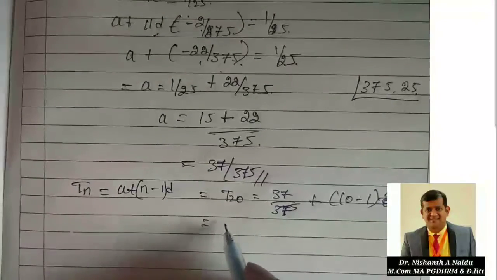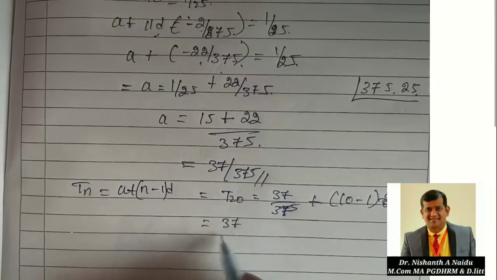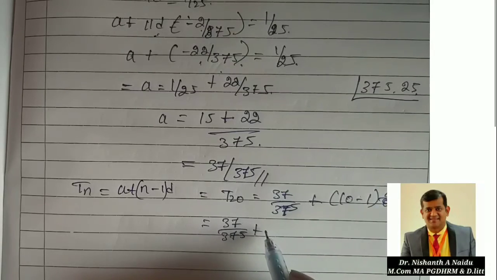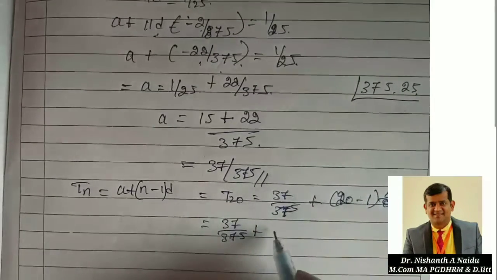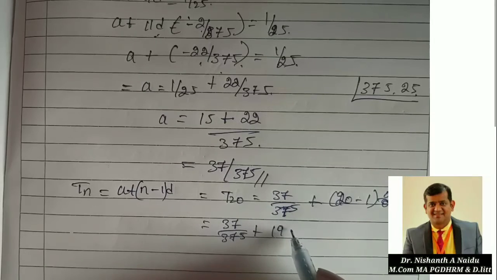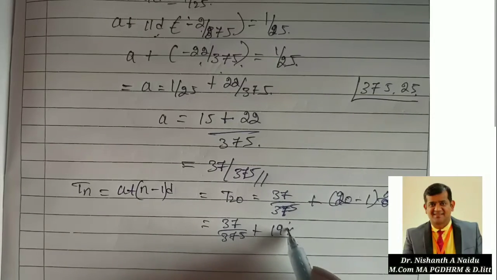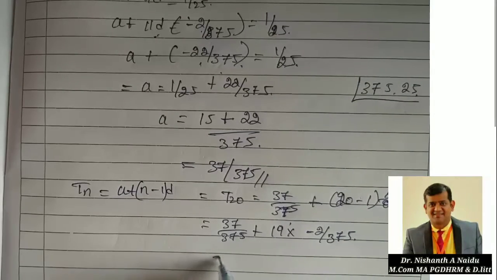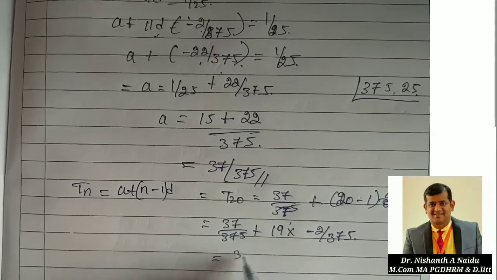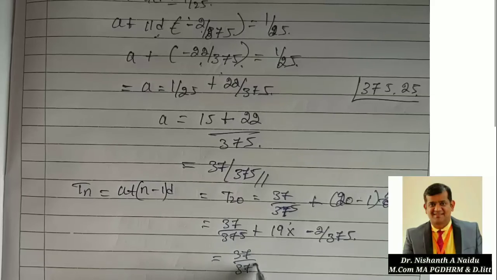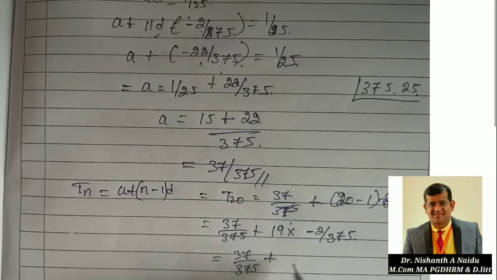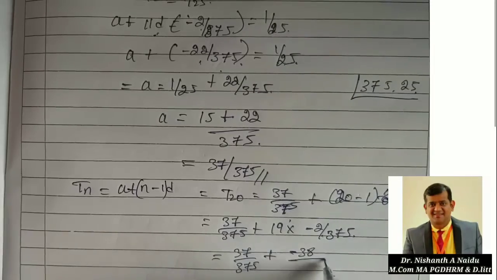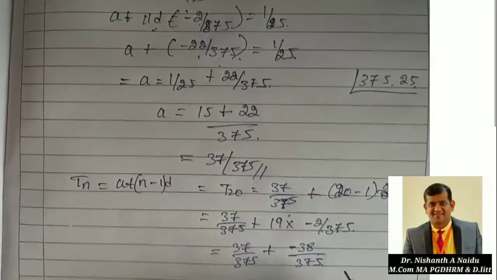Now by applying this value, 37 divided by 375 plus, for T20 it is not 10, it is 19, into minus 2 divided by 375. So that is 37 divided by 375 plus 19 twos are 38, minus 38 divided by 375.